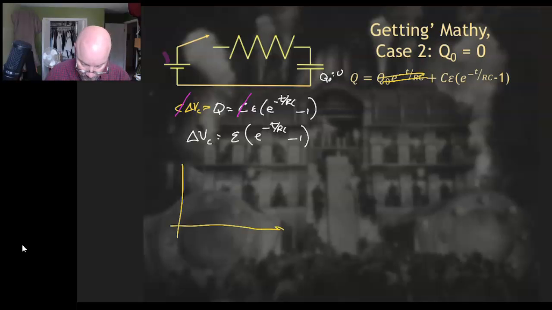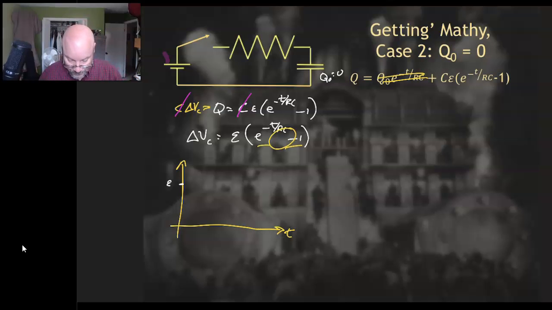So time here, and we're going to do voltage, and so we've got our EMF value here. Now at time 0, e to the 0 is 1, and when that happens, we've got 1 minus 1, which means this whole term is 0.